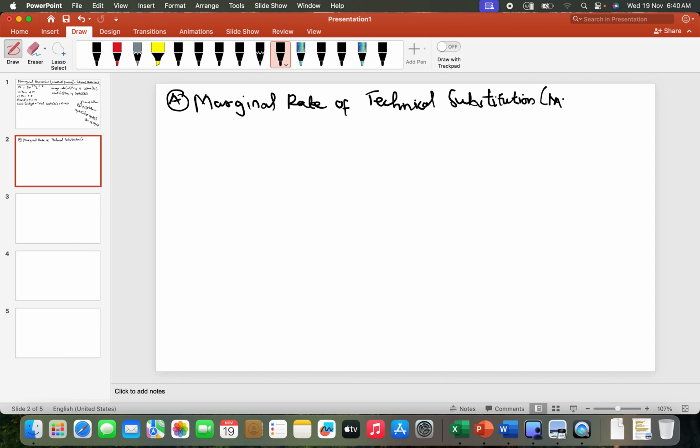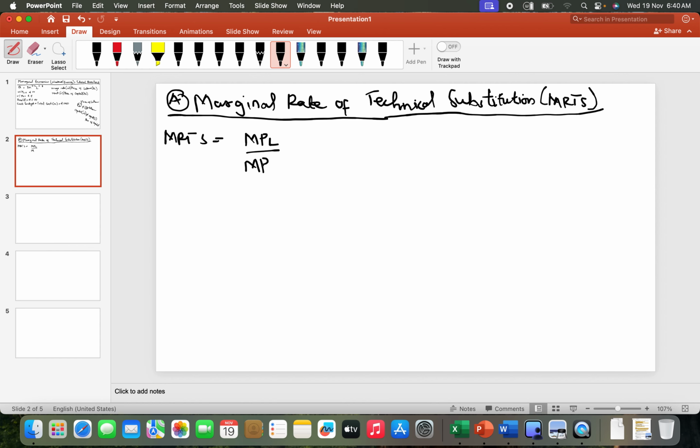So we are asked to determine the marginal rate of technical substitution. That was the A part of the question. Now, marginal rate of technical substitution is given by marginal product of labor divided by marginal product of capital, which equals price of labor, or W, what we call wages, divided by price of capital, or rent. So this is the formula for marginal rate of technical substitution.